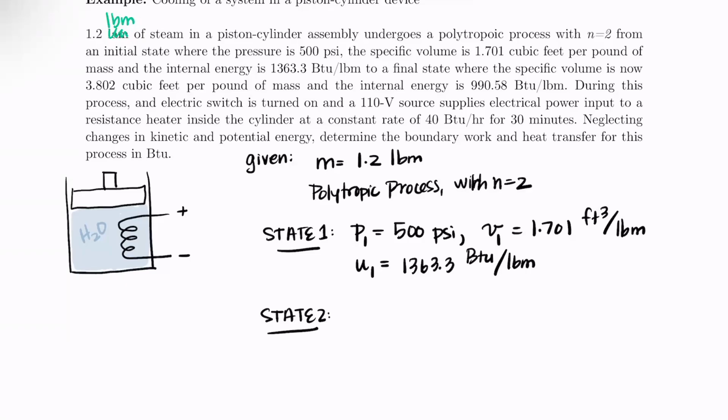All right, and then for our second state, we're not given the pressure, but we are given the specific volume, which is somewhere in here, 3.802 cubic feet per pound of mass. And the internal energy at state 2 is 990.58 BTU per pound of mass.